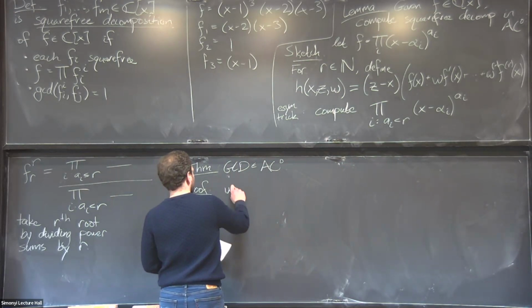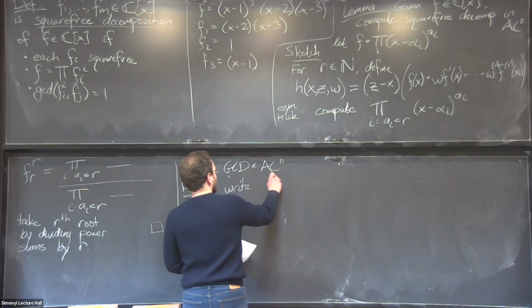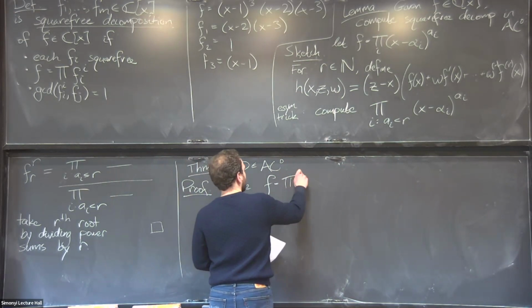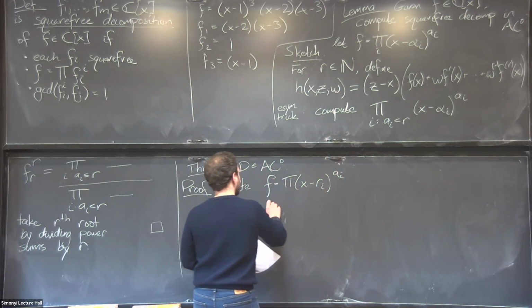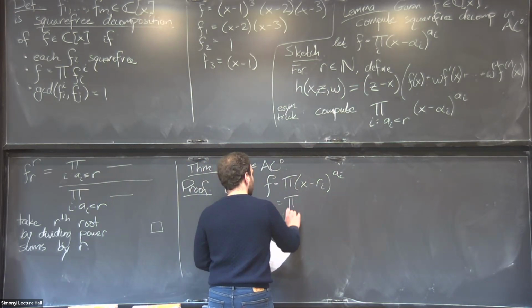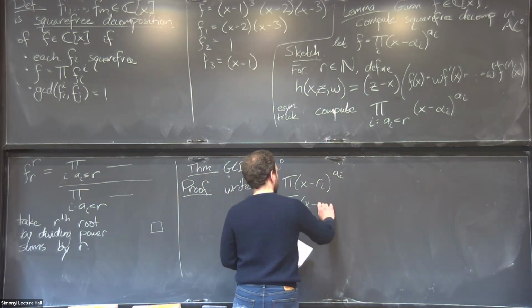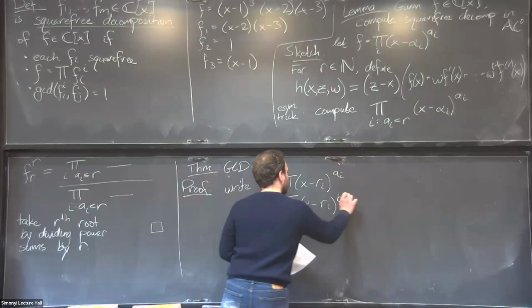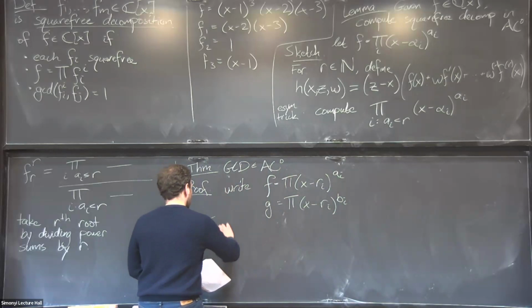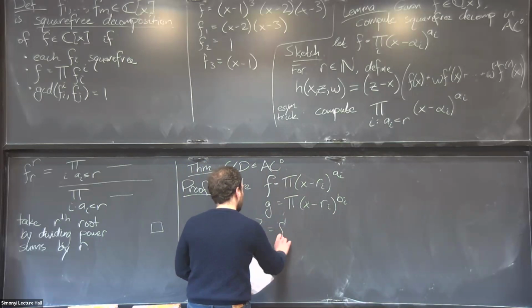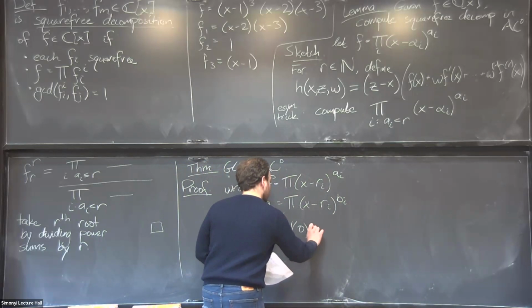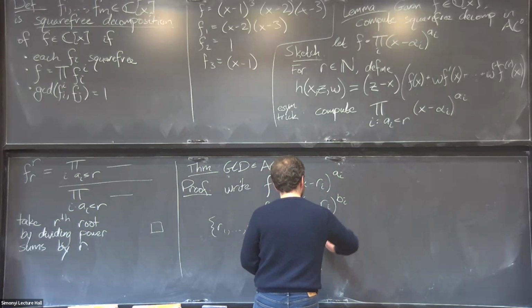So let's factor f and g. Here are these ri's. This is the union of the roots of f and roots of g.